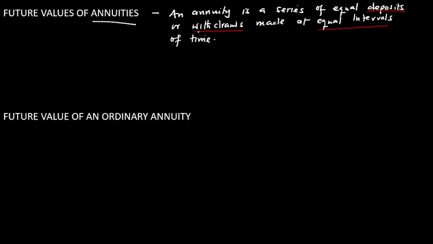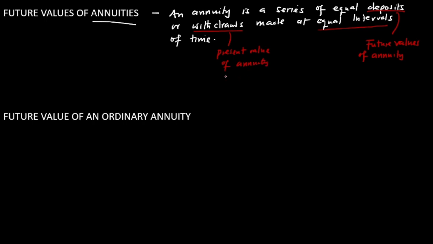Take note, these deposits deal with the future value of annuity, and these withdrawals deal with the present value of annuity.